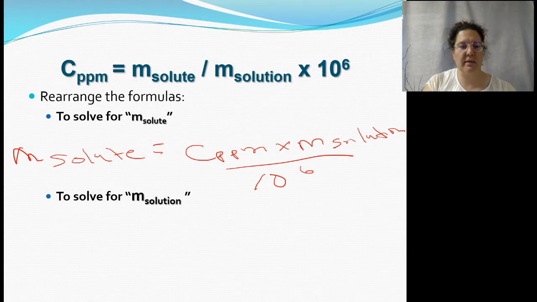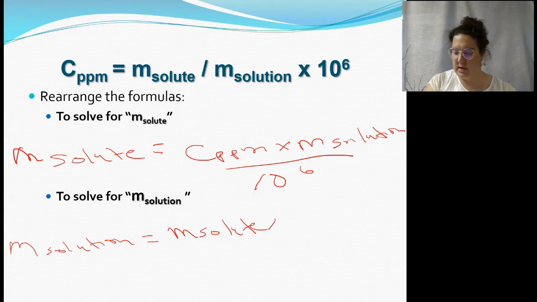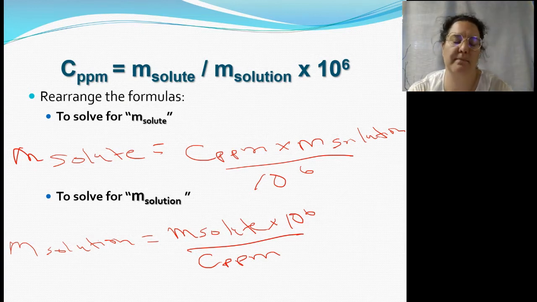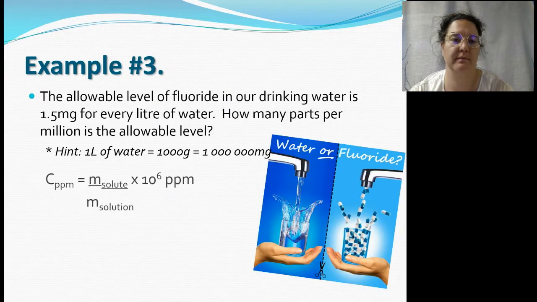To determine the mass of the solution, we end up using the formula mass of the solute times 10 to the power of 6 divided by the concentration in parts per million. And these original formulas are given to you in your data booklet, and working through algebra, you're able to rearrange them to solve any problem that you need.